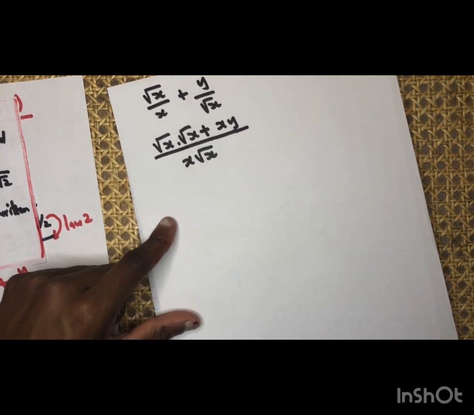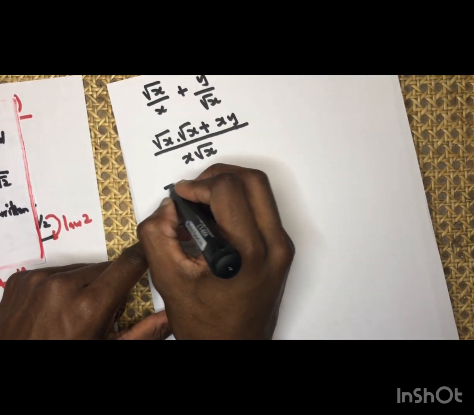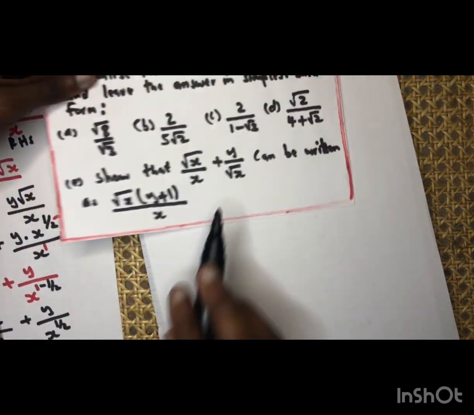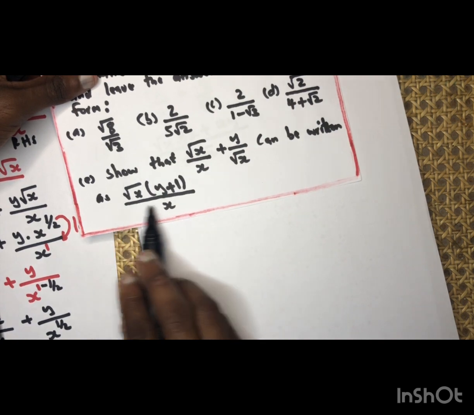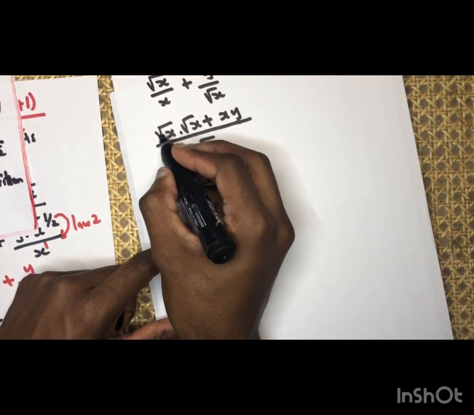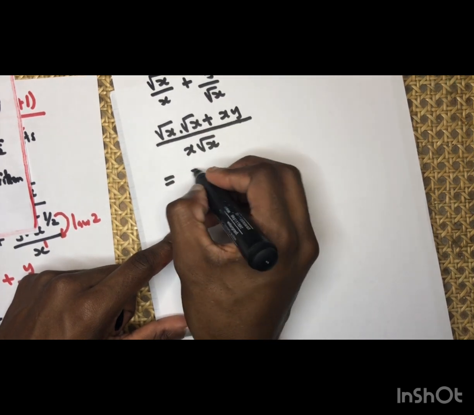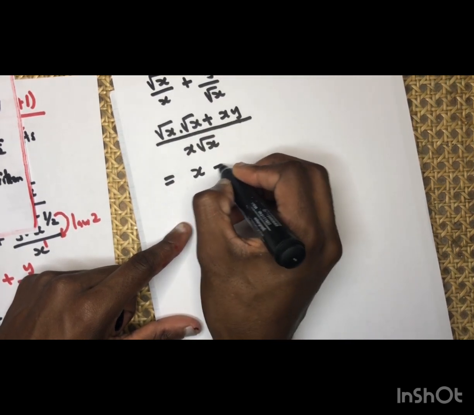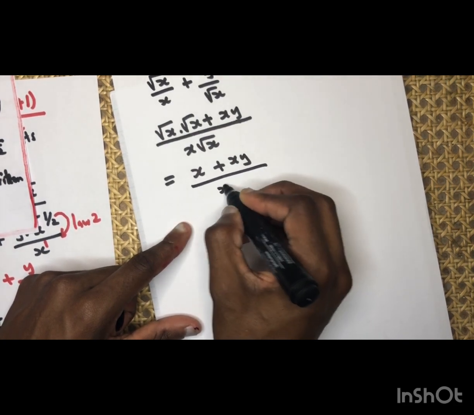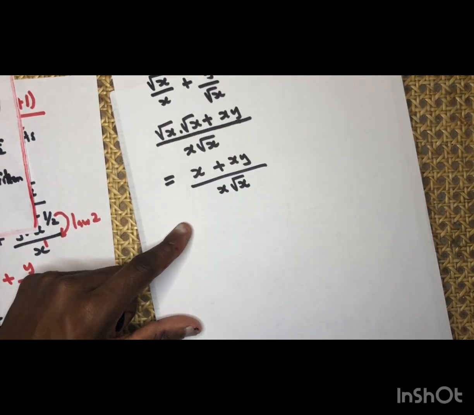Okay, so remember, guys, what we want to prove here. I'm taking this side now, I want to make it look like this one. So root x times root x, guys, we know that will give us x plus xy over x root x.